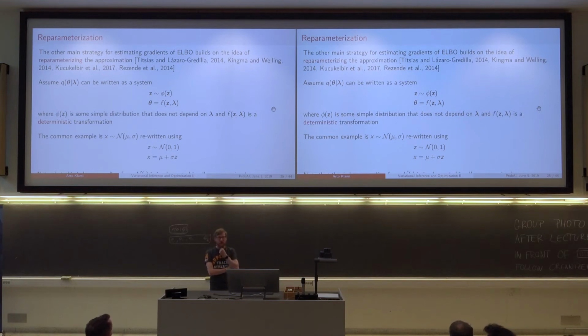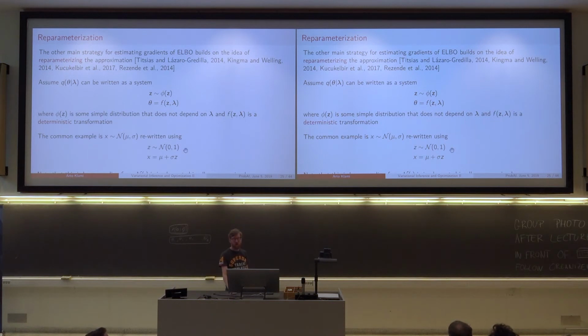The basic idea is that if you have an approximation, let's say a normal distribution over theta with some mean and some variance, we can equivalently write it as a distribution where we first sample from a standard distribution. Let's look at this example, I think it's better.